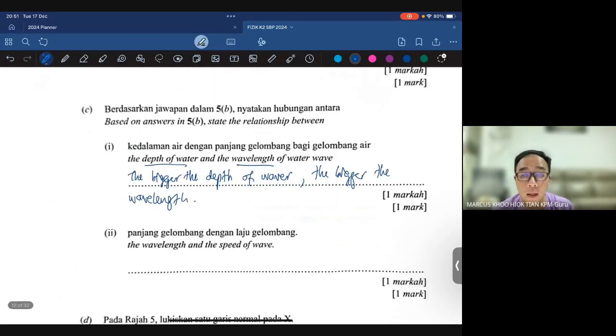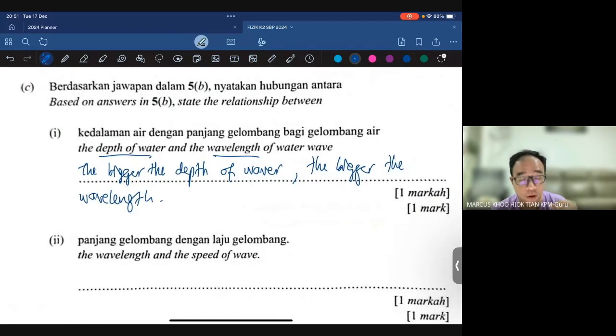For those of you who are not familiar with me, yes, this is how you write a relationship. But moving on from here, I'm just going to use an arrow because I usually do this with my students for discussion practice. I will just say the bigger the depth, the bigger the wavelength, to save time. Otherwise most of my time will be spent writing the answers down.